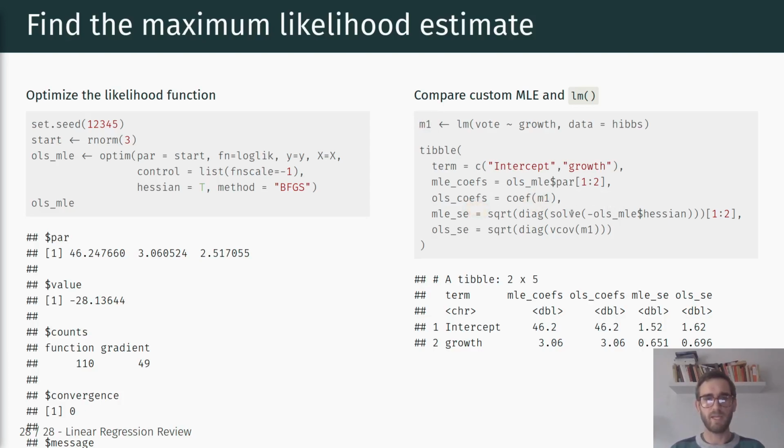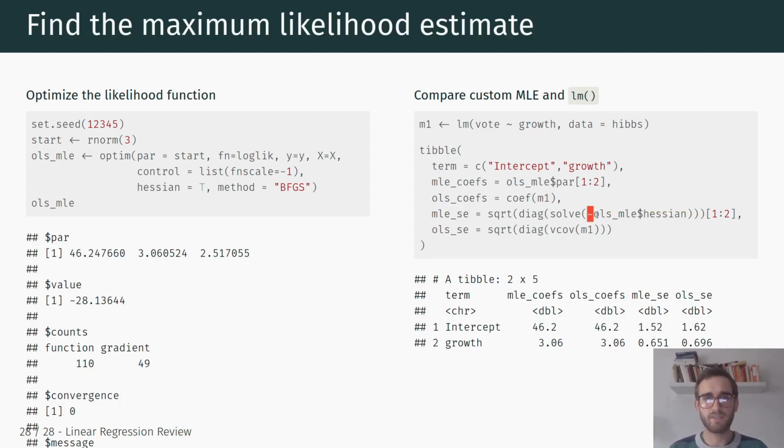Note here that the standard errors based on the maximum likelihood estimates are based, as I mentioned in the previous video, on the Hessian matrix, which is the matrix of second order derivatives of the likelihood function at the maximum. So it tells us something about the curvature of the likelihood surface.